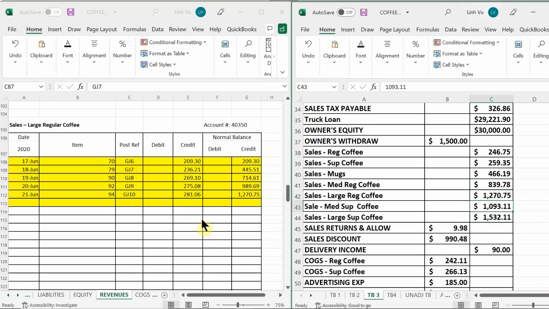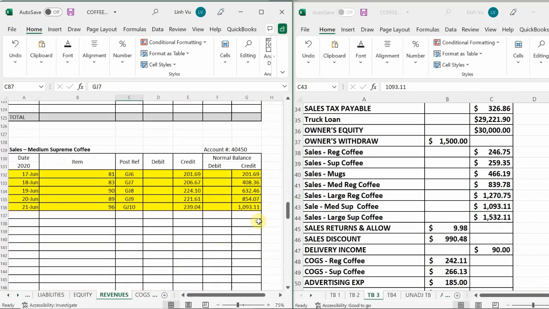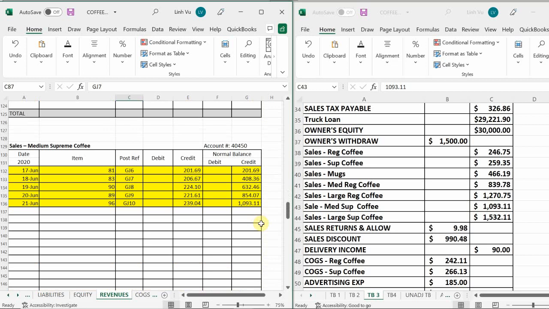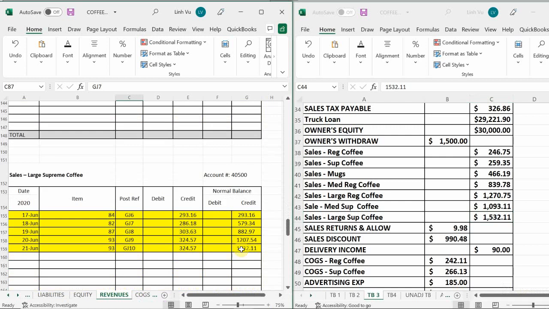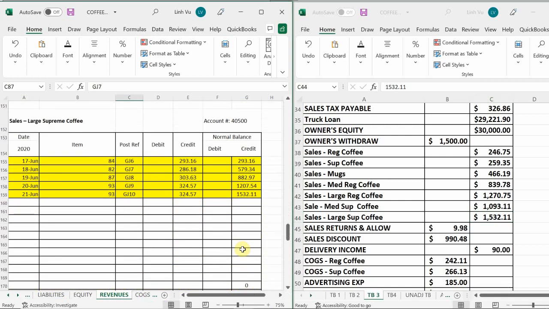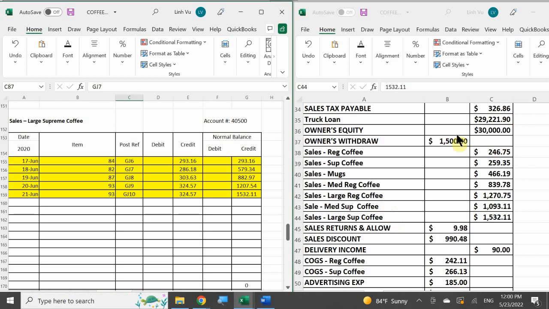My medium supreme coffee is going to be at $1,093.11. Okay, and my large supreme coffee is at $1,532.11. Okay, so all of those look good.